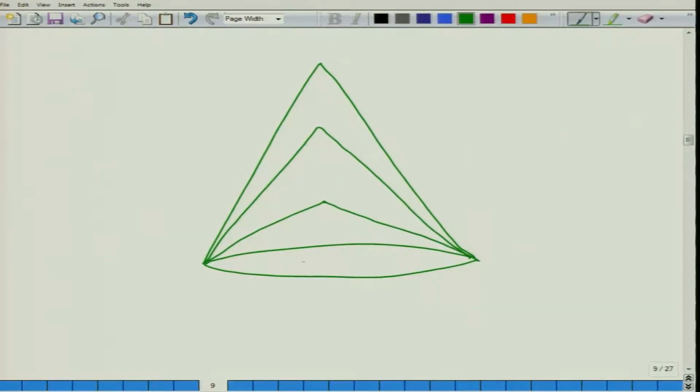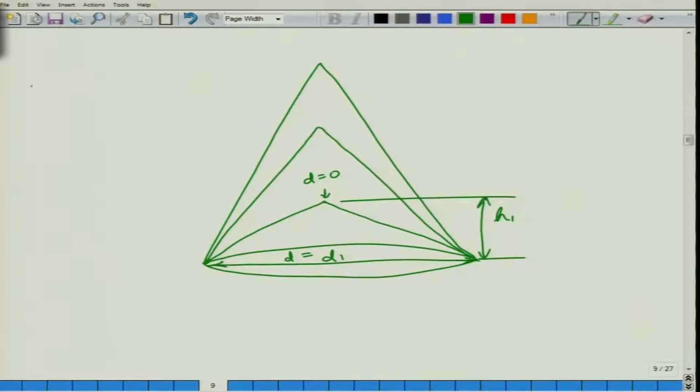Now, let us consider that the diameter here is d, and the diameter at this point would be d equal to 0, here it is d equal to d1. Now, consider these heights. In the smallest cone we have a height of h1. The taper would be defined as d1 minus d2 upon h1 minus h2.